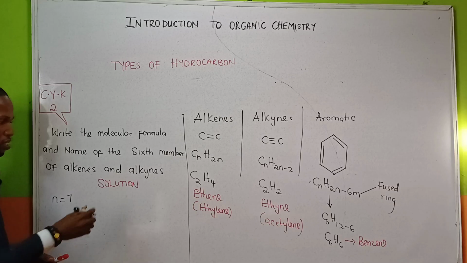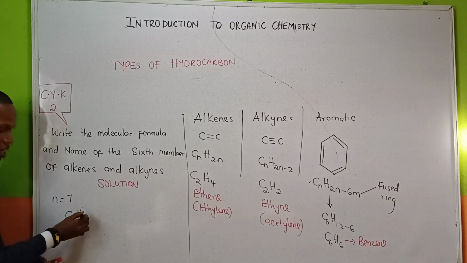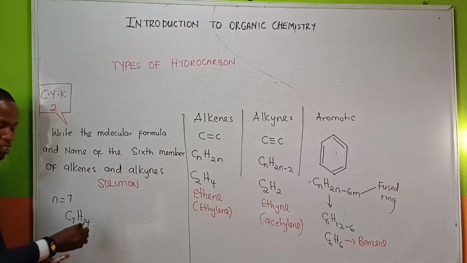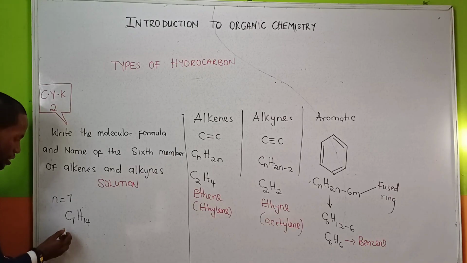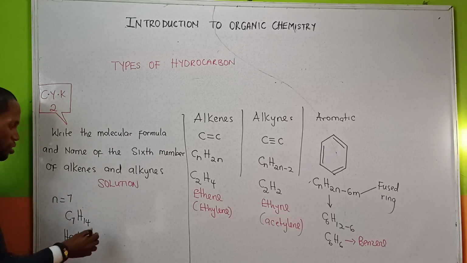So the sixth member will be C7H, what? 2 times 7, 14. C7H14, not C6H12, so you have to correct that. This is heptene.